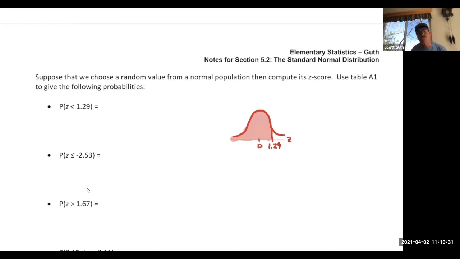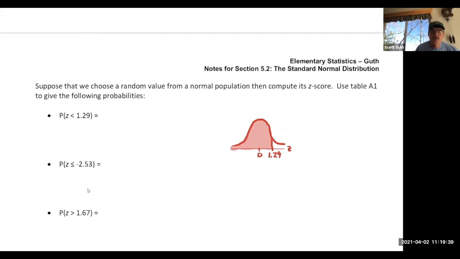The stronger you are as a math student, the less you'll need to keep drawing these curves.